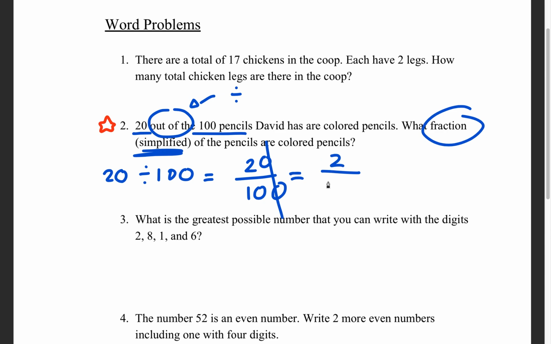So that's going to be 2 over 10. But 10 is also an even number, and so is 2. So if you divide both sides by 2, how many times can 2 go into 2? That's 1. How many times can 2 go into 10? That's 5. So the answer is 1/5.